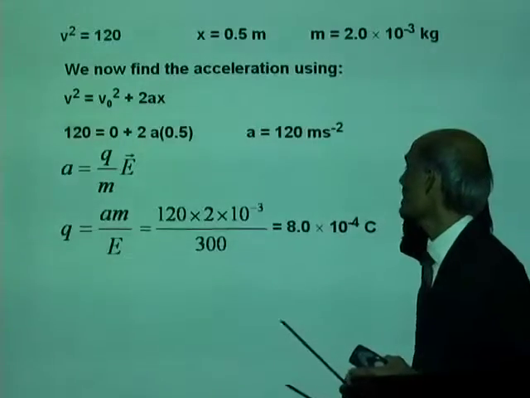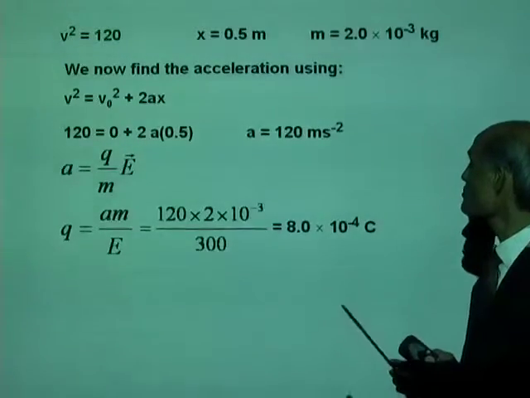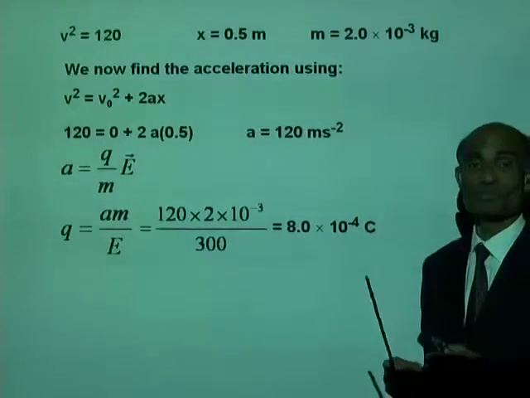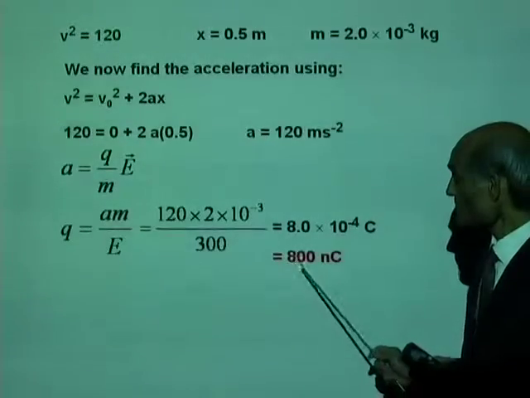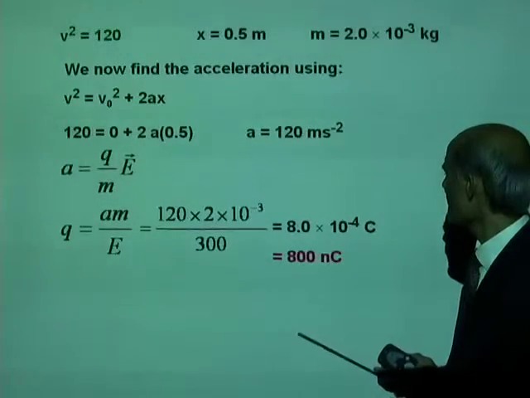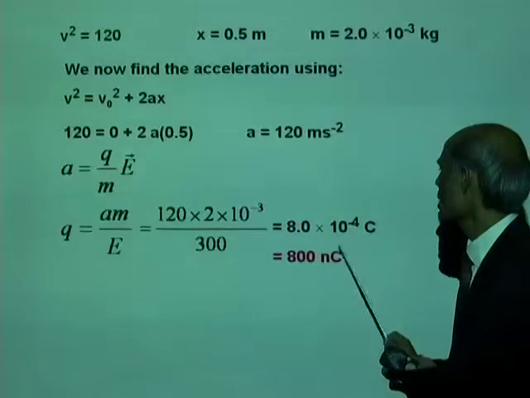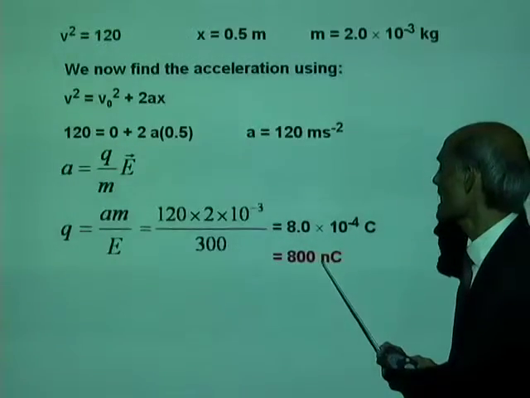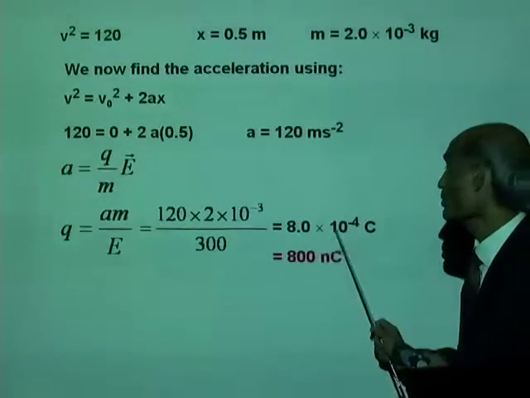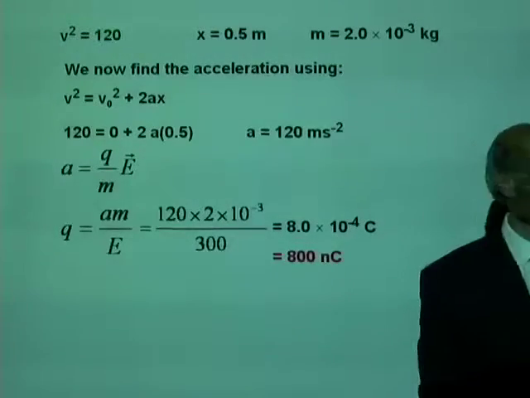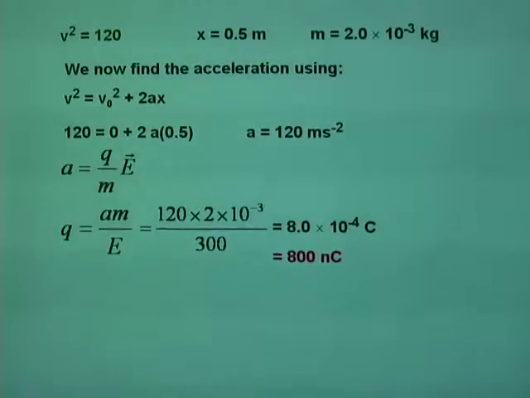Therefore, Q equal to 8 times 10 to the negative 4 coulombs. That is 800, no, not nanocoulomb, it has to be microcoulomb, because this is 10 to the negative 4. That will be 800 microcoulomb. That's right. That will be micro.